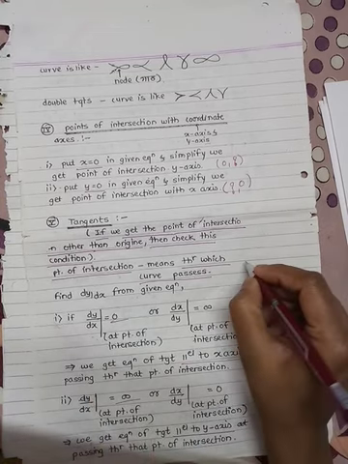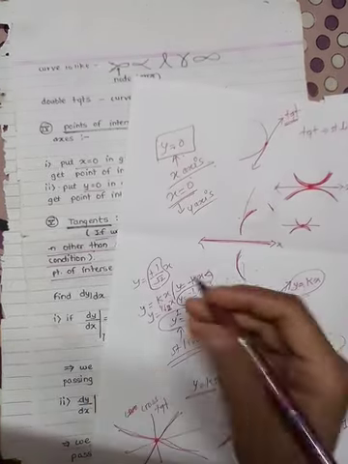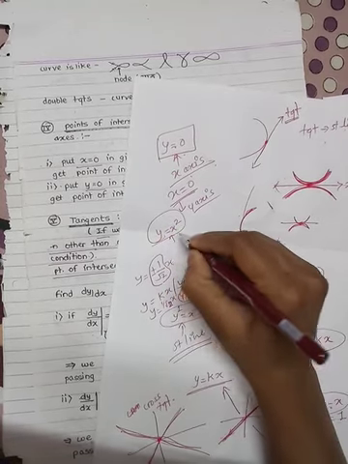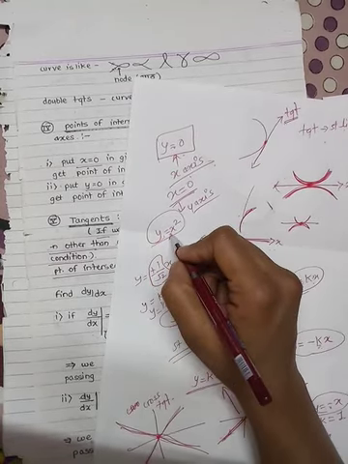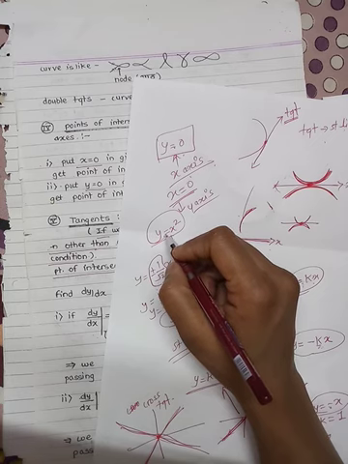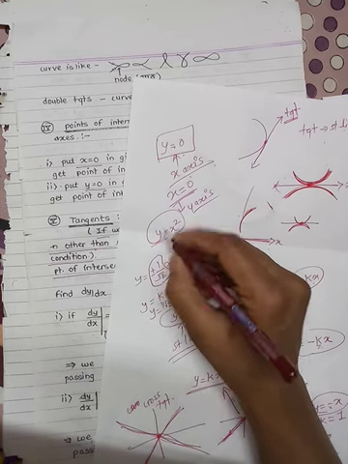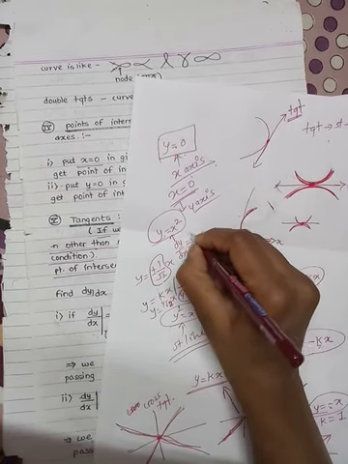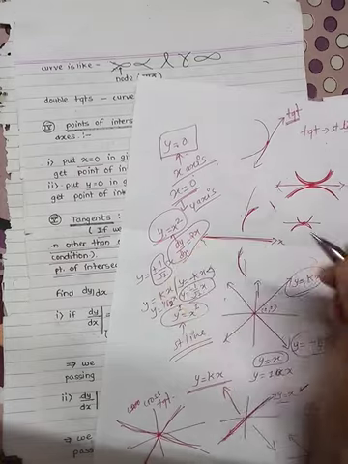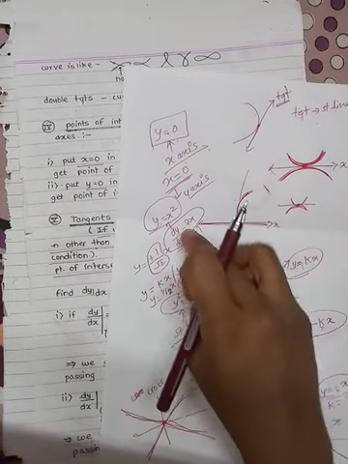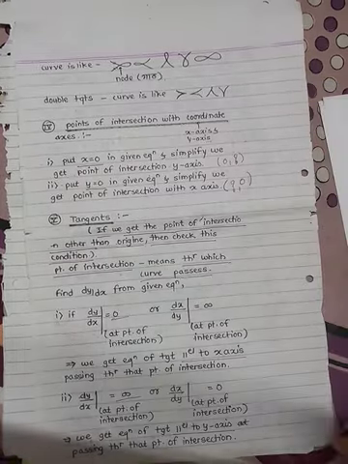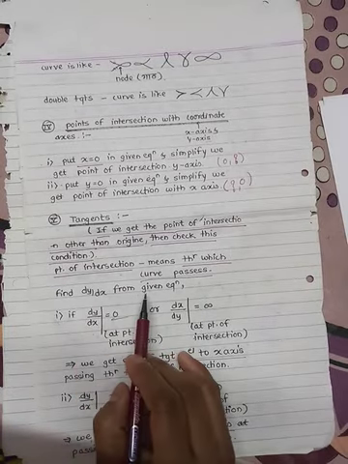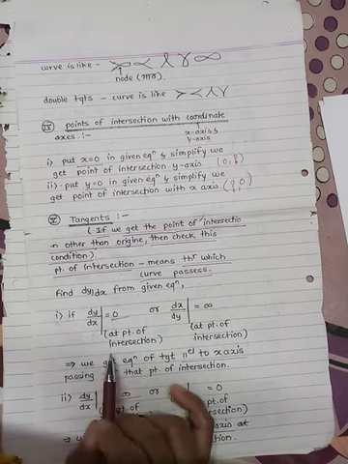That is, if an equation is like y equal to x square, then differentiating this equation, which is one kind of implicit function, the derivative of y with respect to x is dy by dx, and the derivative of x square with respect to x is 2x. So this is your value of dy by dx. In this way, you have to find dy by dx, and check the condition further.